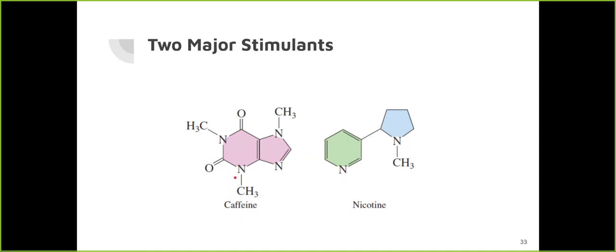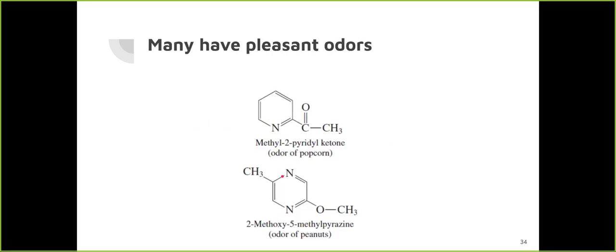All right, some real world cases of amines. Two major stimulants, caffeine and nicotine, have amino groups in them. I'm not going to test you on this, but just so you guys are aware of this. Many amines have pleasant odors.